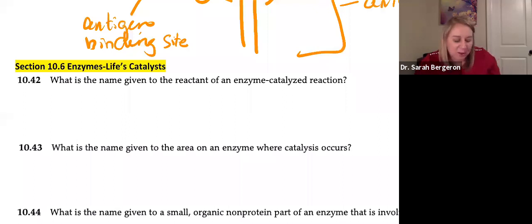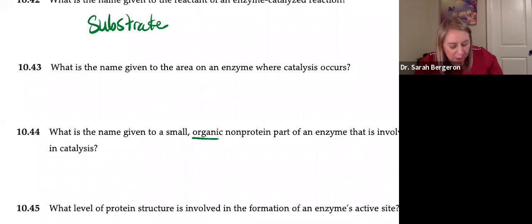All right, so what is the name given to the reactant of an enzyme catalyzed reaction? We call this one a substrate. What is the name given to a small, organic, non-protein part of an enzyme that is involved in catalysis? If it is organic, then it is a coenzyme, because enzymes are typically organic as well.